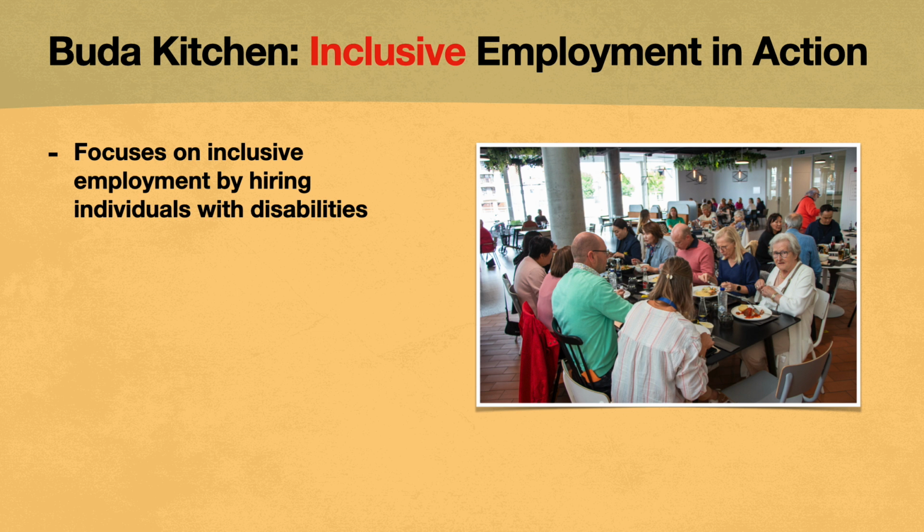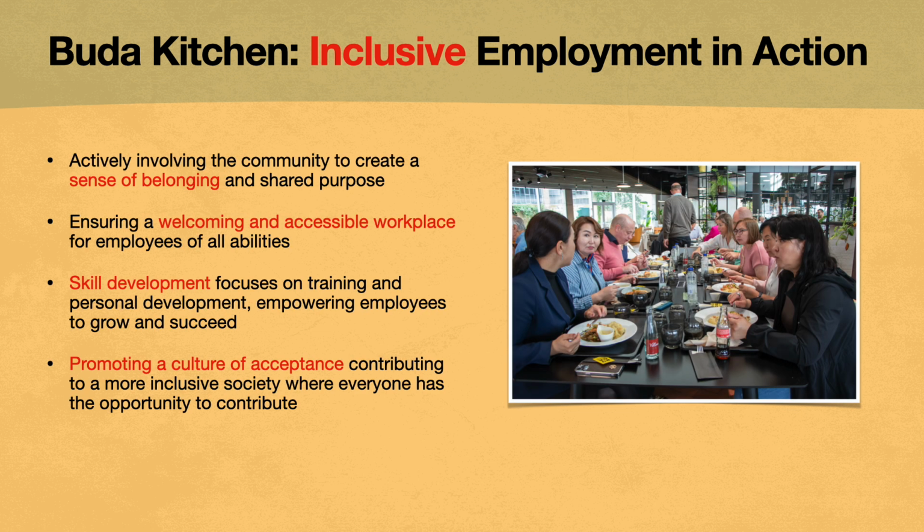Moving on to Buddha Kitchen, this initiative exemplifies inclusive employment practices by hiring persons with disabilities. Through community engagement, accessibility, and skill development, Buddha Kitchen fosters a culture of acceptance and understanding, promoting an inclusive society where everyone can contribute.